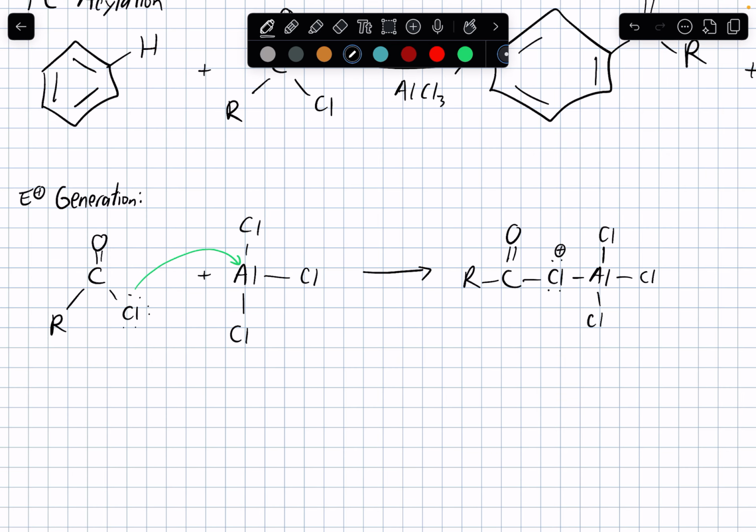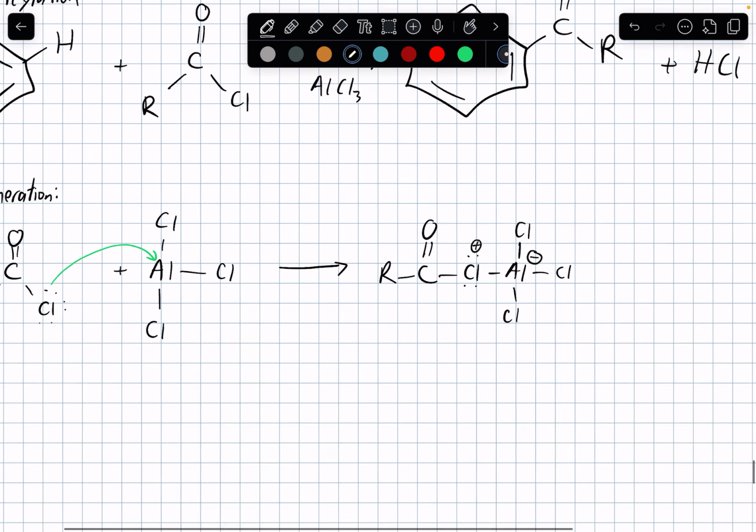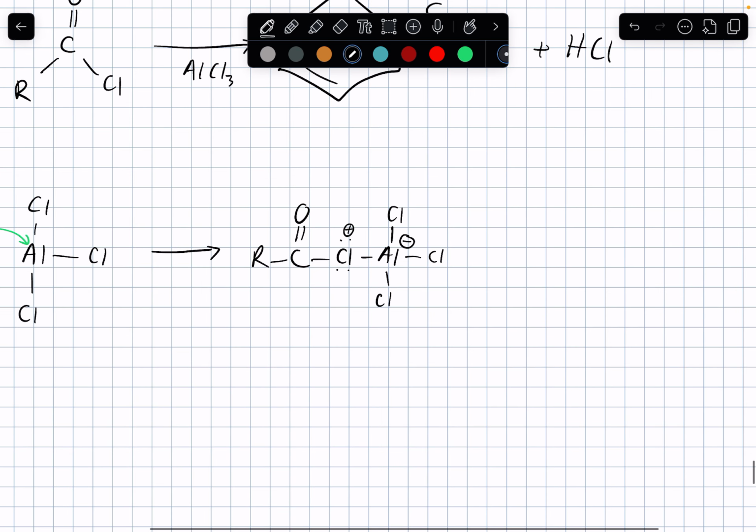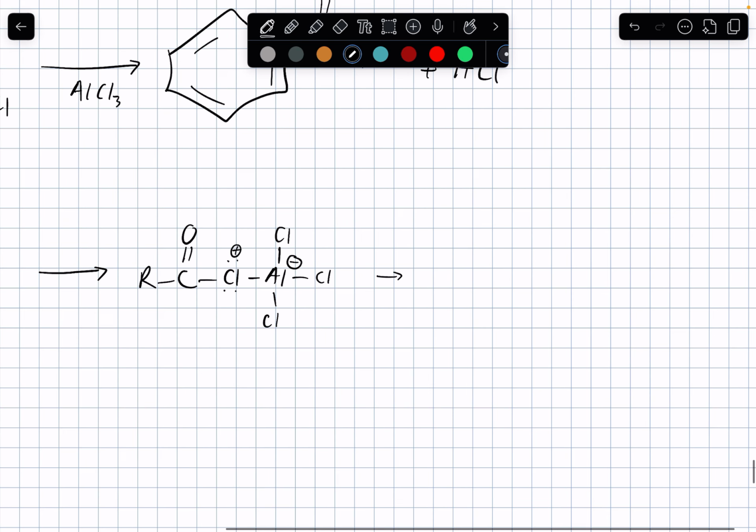Cl here becomes positive, Al becomes negative. And then this one, there's an arrow there.